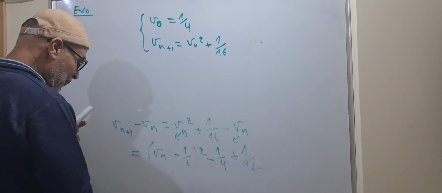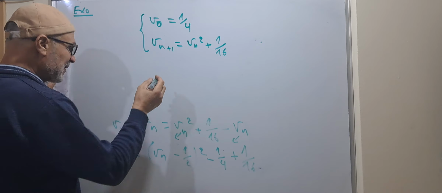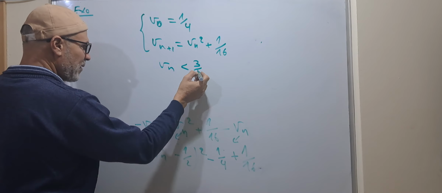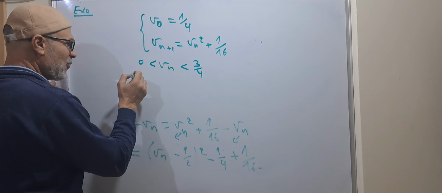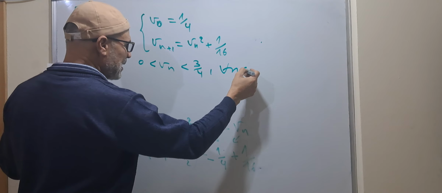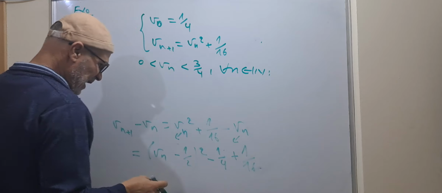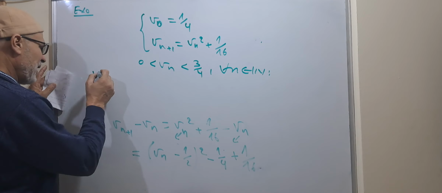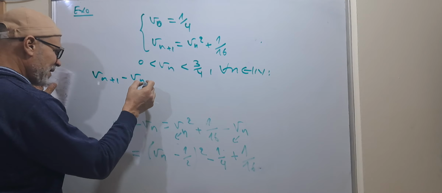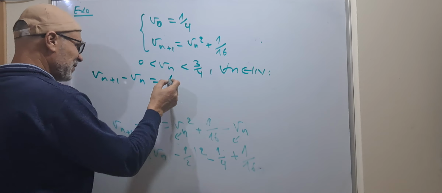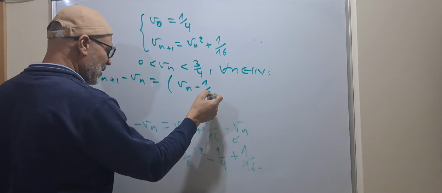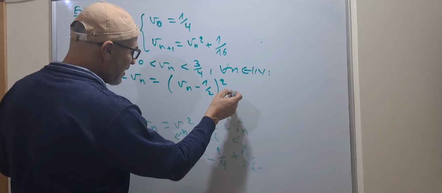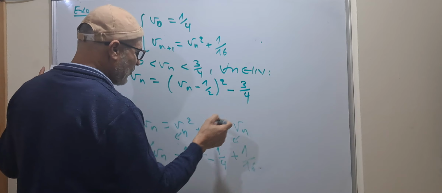We have the information that Vn is less than 3 over 4 and greater than 0 for all n in N. And here we have this formula: Vn plus 1 minus Vn is equal to Vn minus 1 over 2 square minus 3 over 4.